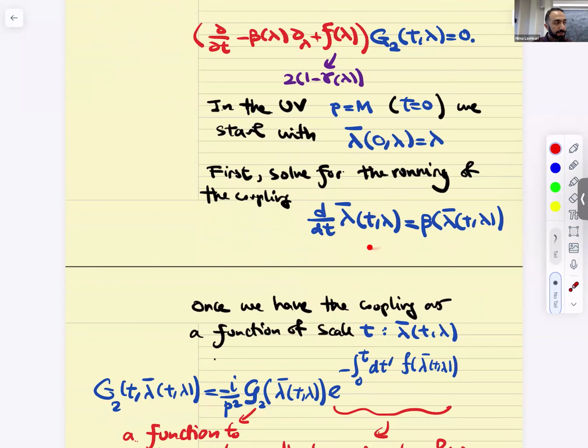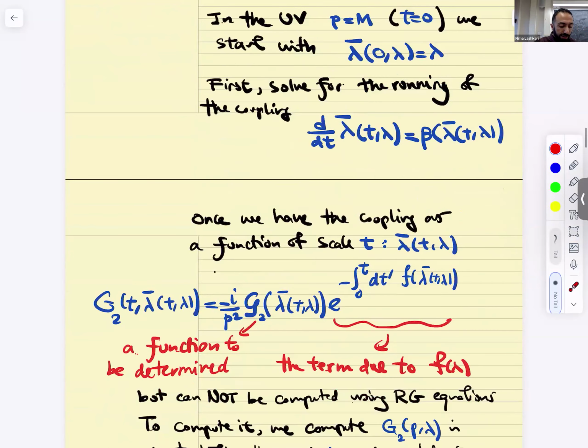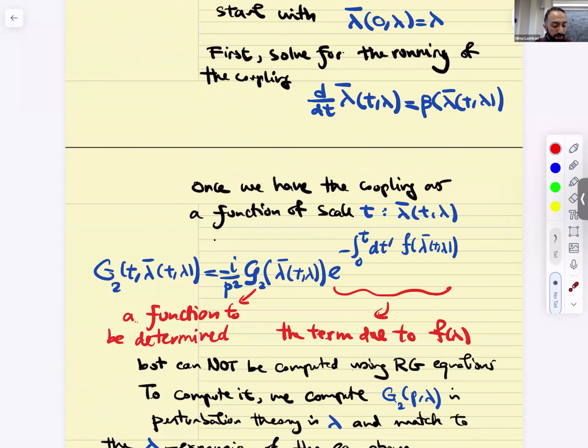Once you find this, you know the coupling at every scale, and the 2-point function will be minus i over p squared, some function to be determined, times e to the power of minus the integral from 0 to t of dt prime of f. This is the term that's coming from wave function normalization. It's multiplying the whole thing. It's telling you about the growth of the bacteria along the pipe, and this is telling you where the colony is moving to.